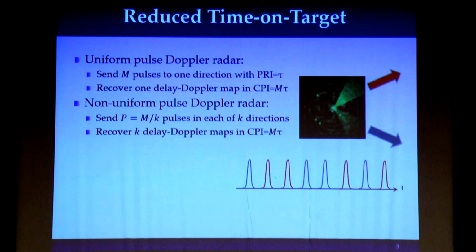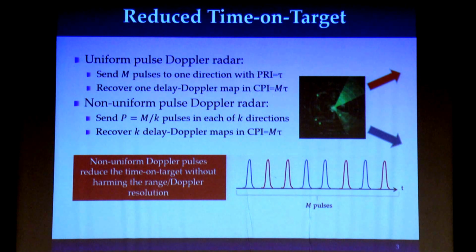And we're going to show that we can recover several delay Doppler maps, here two different delay Doppler maps in this example, in the same total time, in the same CPI. What's important is that we don't lose in resolution, because the resolution in the Doppler frequency depends on the number of pulses, and we'll show that doing this non-uniformly and using our specific recovery algorithms, we don't lose in resolution. So let's see how we do that.